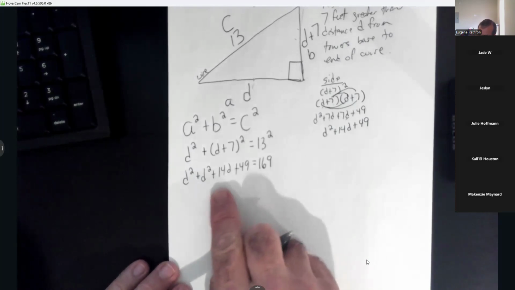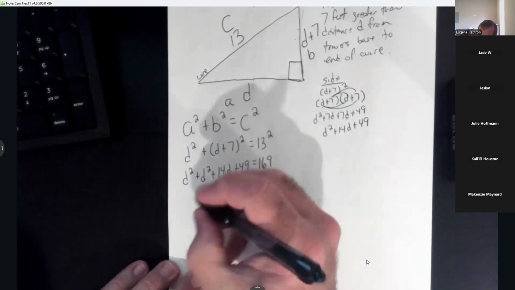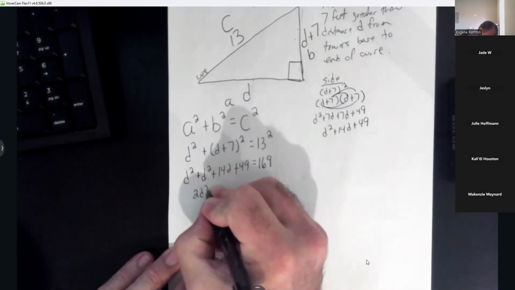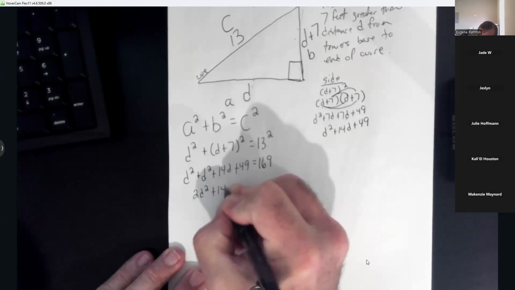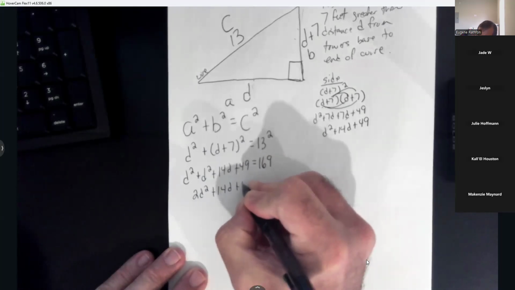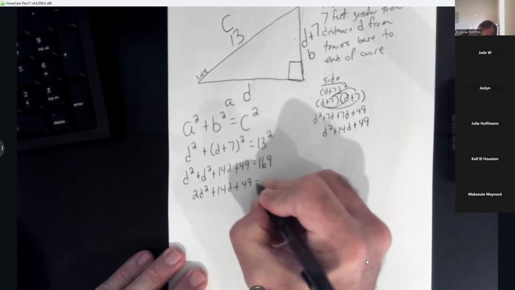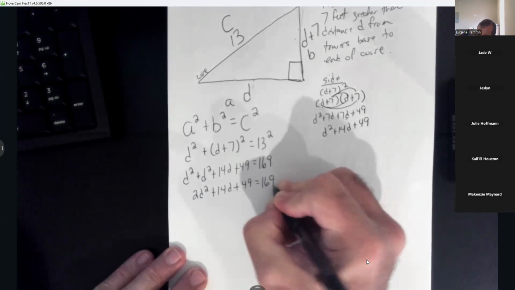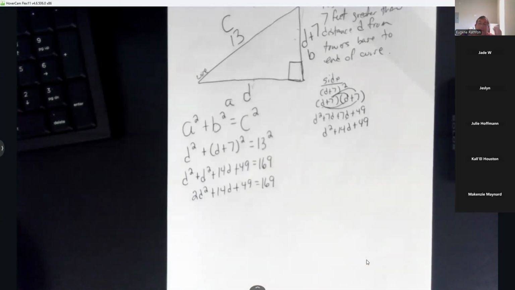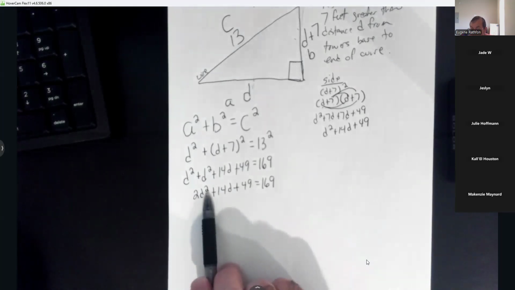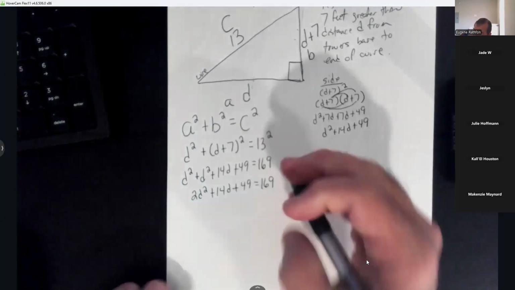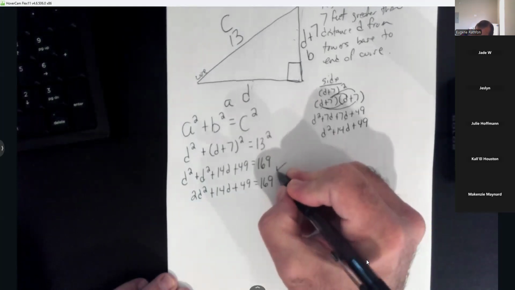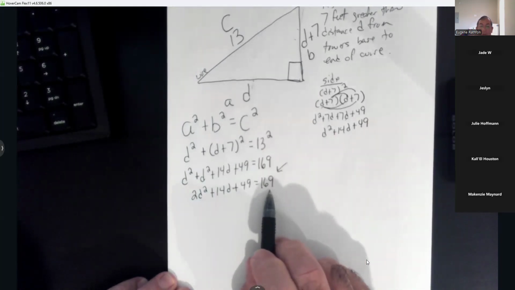All right, y'all, so let's see what I'm going to do. D squared plus D squared gives me 2D squared plus my 14D plus my 49 equals 169. So it's quadratic because of these D squareds in here. So since this is quadratic right here, I need to make this into a 0.